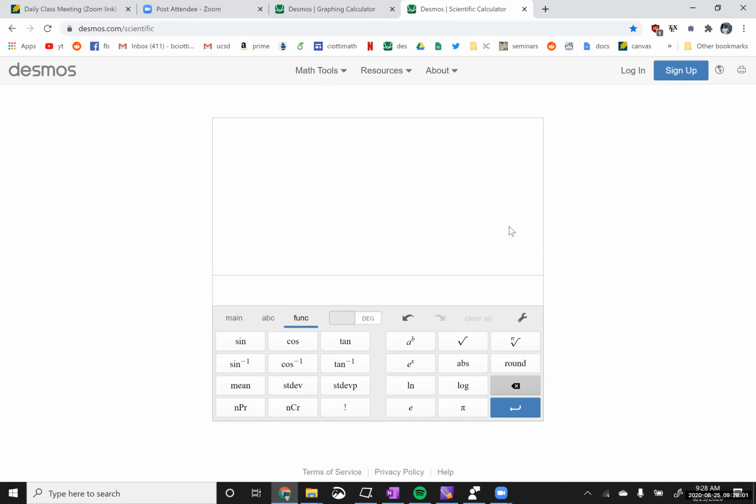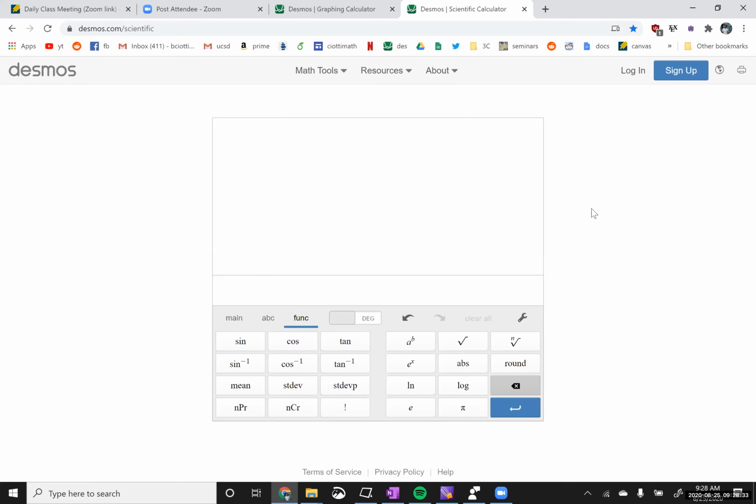It doesn't solve equations for you or show steps for a solution. That would be cheating. So don't use ones that will show you the solution to an equation and the steps to solve it. Just a basic scientific calculator such as the one at desmos.com/scientific. The keyword there is scientific. So this would be permitted.